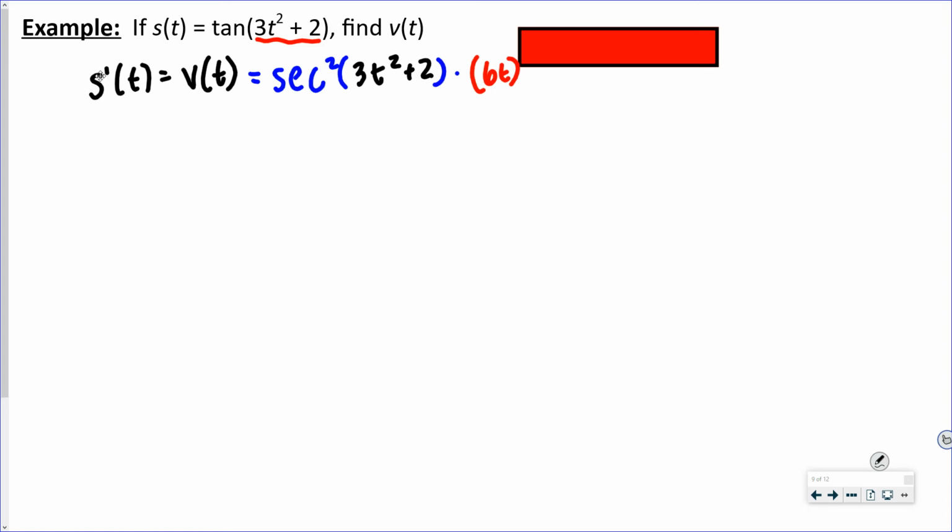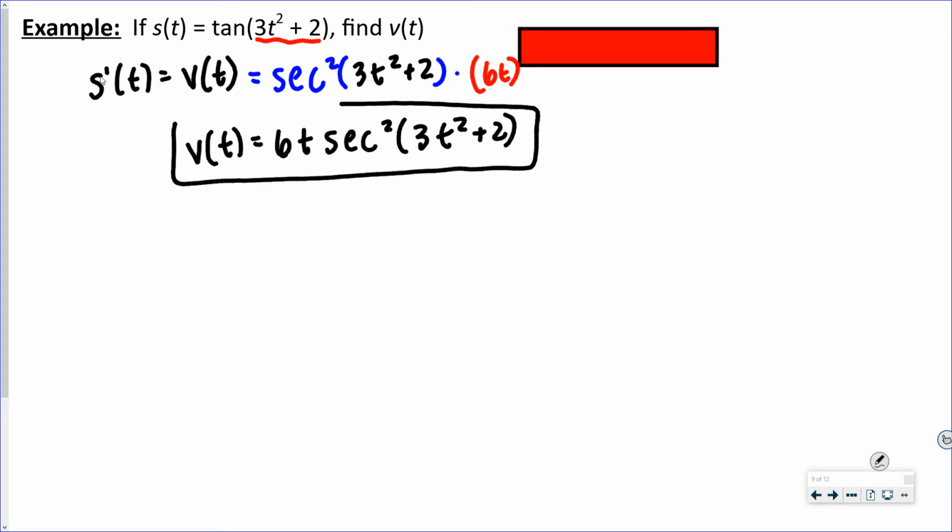So I would finish this by putting that 6t in front of my trig function. Okay, I give you a whole lot of room for not a lot of work for that one. The next one takes a little more work room, so you might need to use some paper space.